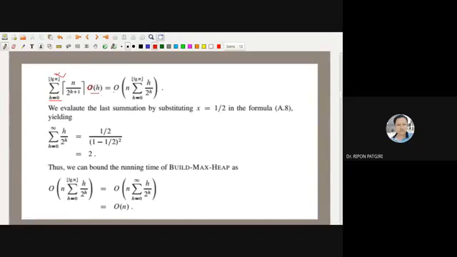Now, if we put it in big O, n is not related to h here, so n can be brought out. So n times the summation of h from 0 to log n, h divided by 2 to the power h. Why is this not included? Because say 1 by 2 to the power h plus 1.